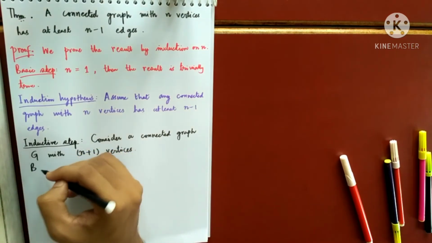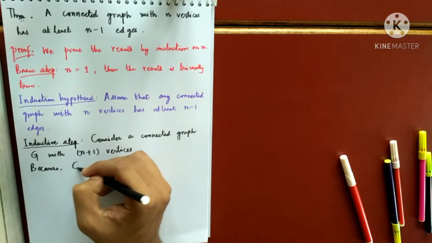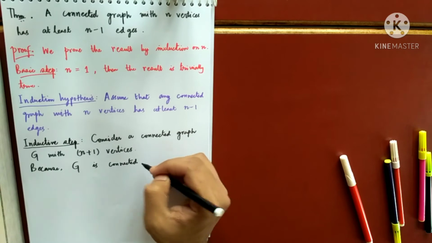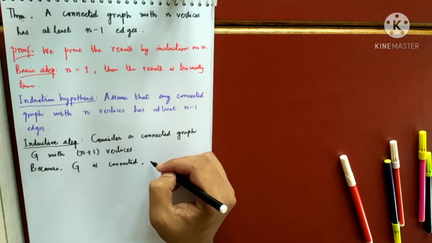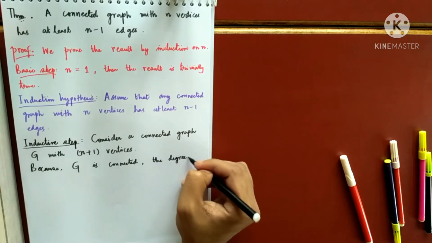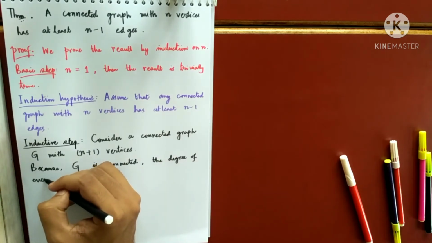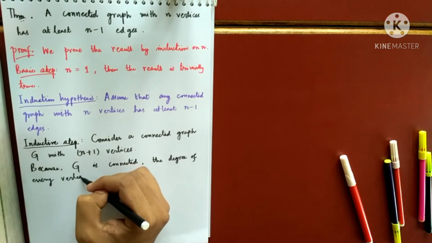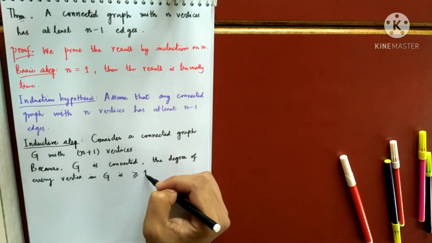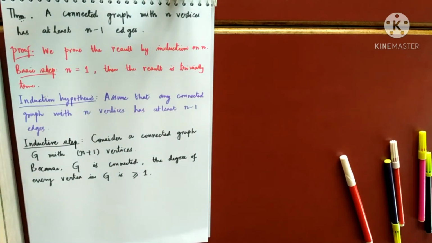Because G is connected, the degree of every vertex in G is greater than or equal to 1. This is by the definition of a connected graph. I have also written this note because if my graph is connected, it cannot have any isolated vertices.